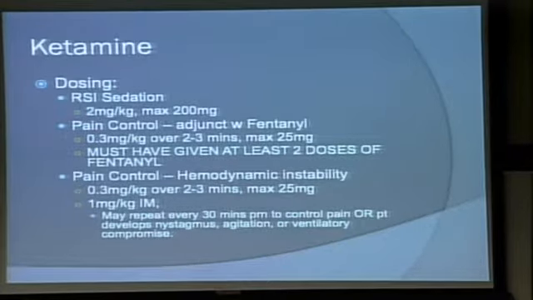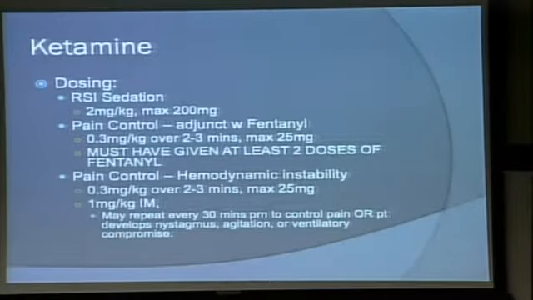I want you, because fentanyl will work. Now, in Oregon, they won't let you use ketamine for an adjunct until you've already given 200 milligrams to an adult. I think that's nonsense. But I want you to give at least a try. I mean, if I'm in pain, I'd like to have a little fentanyl myself.